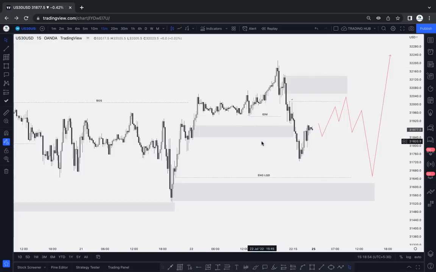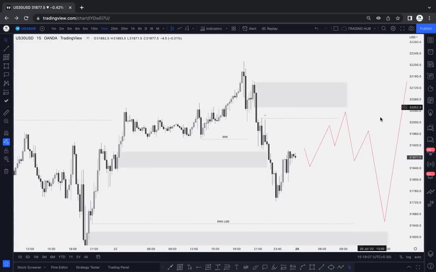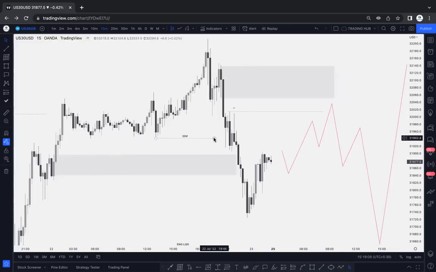So this is our inducement, correct? And once the market failed this inducement, what happened, and how can we identify whether that inducement failed or not? First thing, the market sweeps this liquidity.